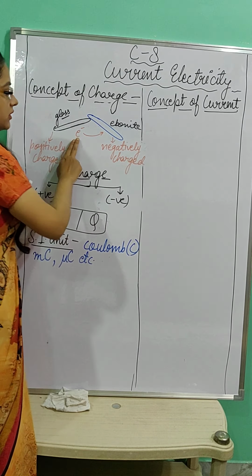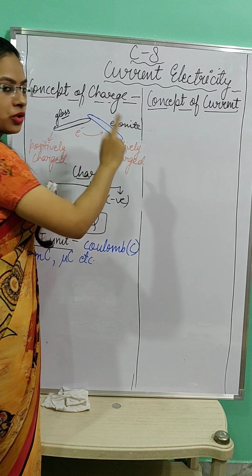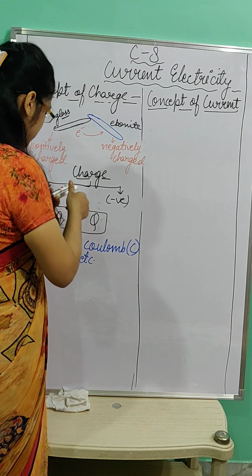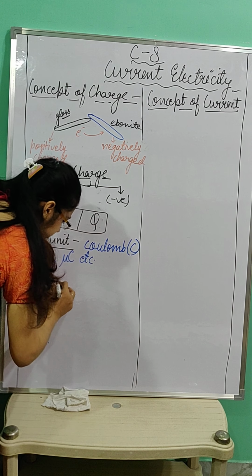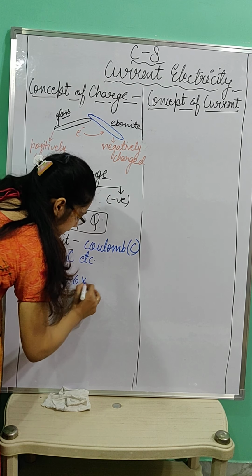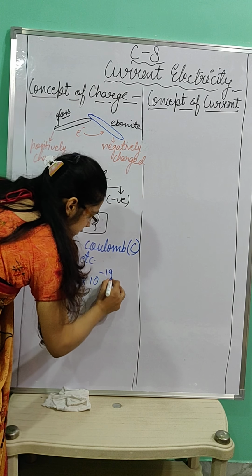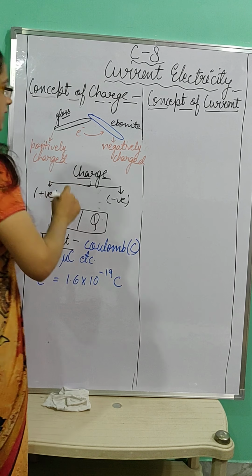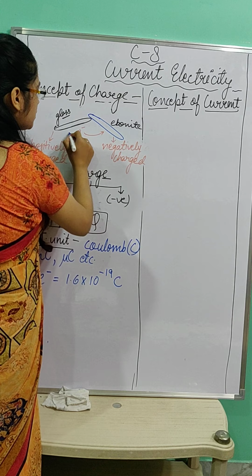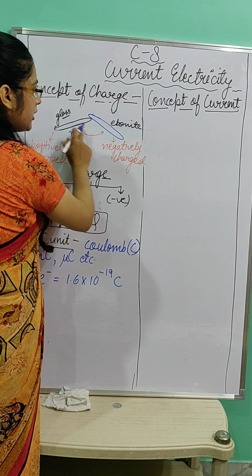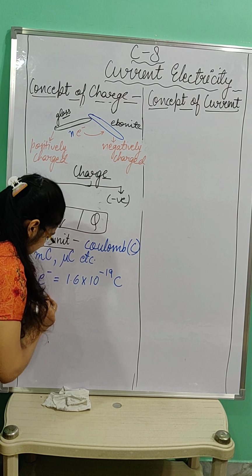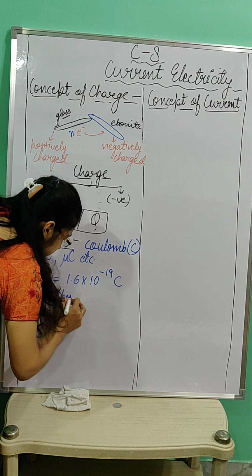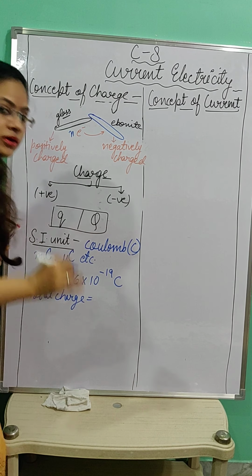Now whenever the charges are flowing from one body to another, as we know, the charge on one electron is equal to 1.6 into 10 to the power minus 19 coulomb. And if we say that n number of charges are flowing from here to here, in that case the total charge received by the second body will be what?